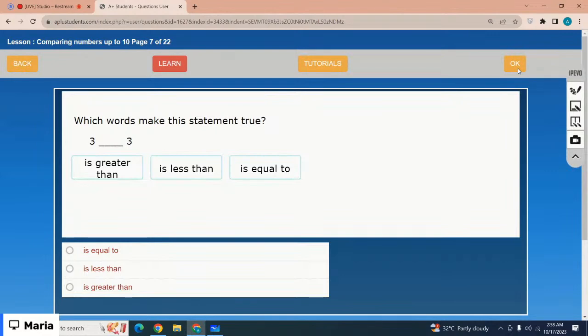Which words make the statement true? Which is the correct option? Which option is the correct one? 3 equals 3. They both are exactly equal.